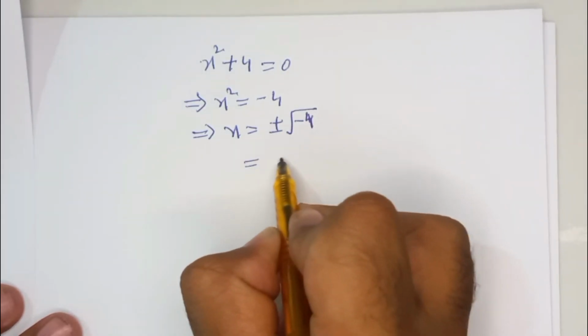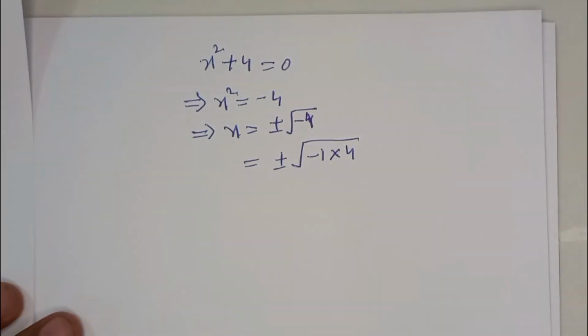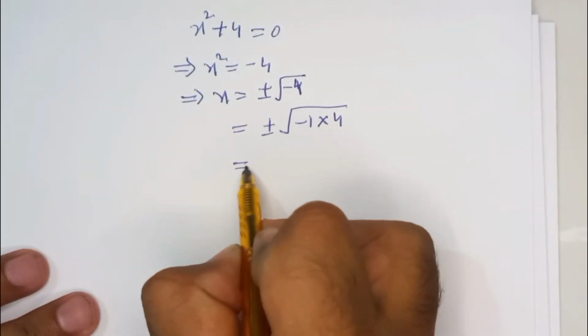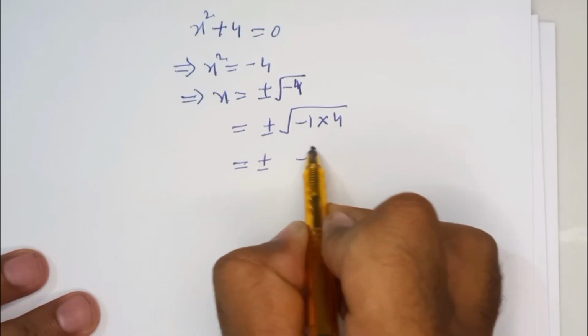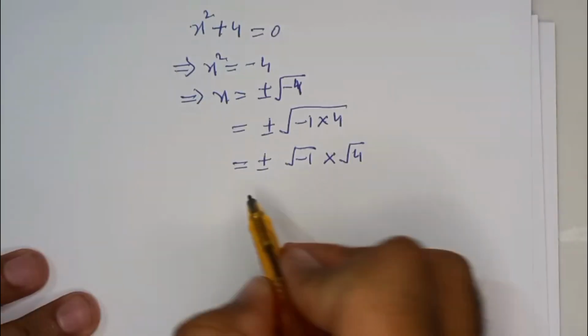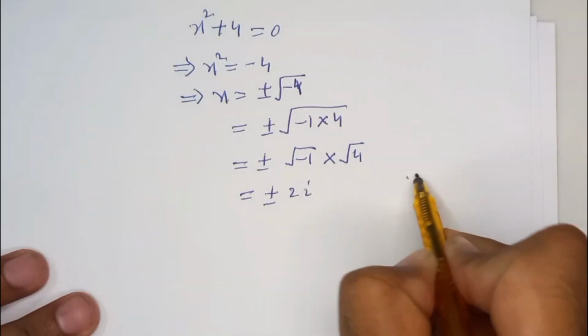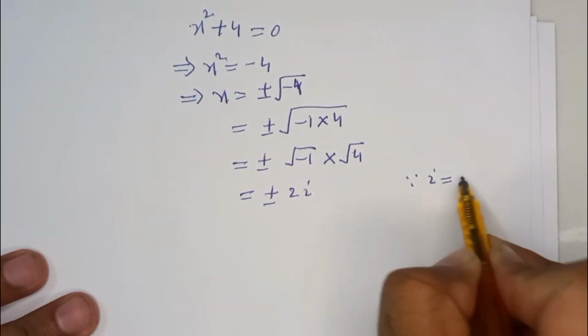It will be written as the square root of minus 1 into the square root of 4, and we will get plus minus the square root of minus 1 into the square root of 4. We can write it as plus minus 2 iota, since iota is equal to the square root of minus 1.